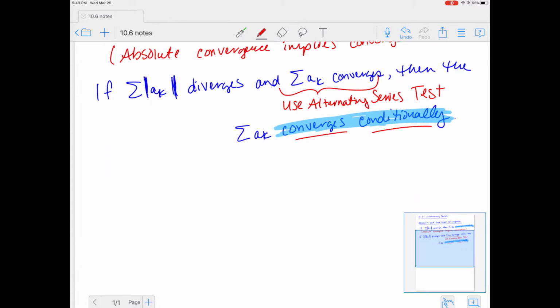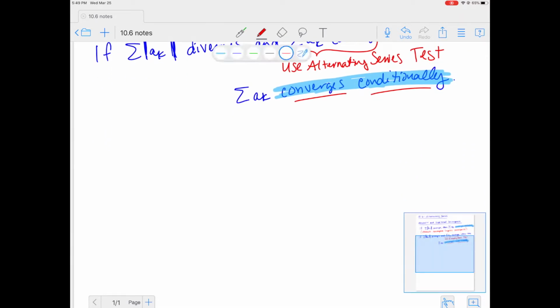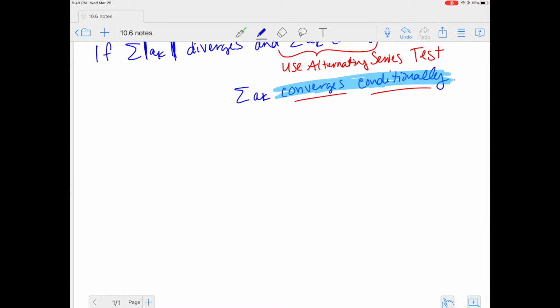Scoot this up. Theorem 10.16, which we know is bogus. We'll write it down. Alternating series test.